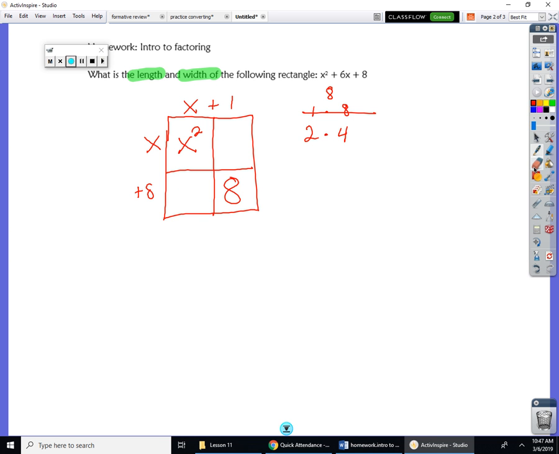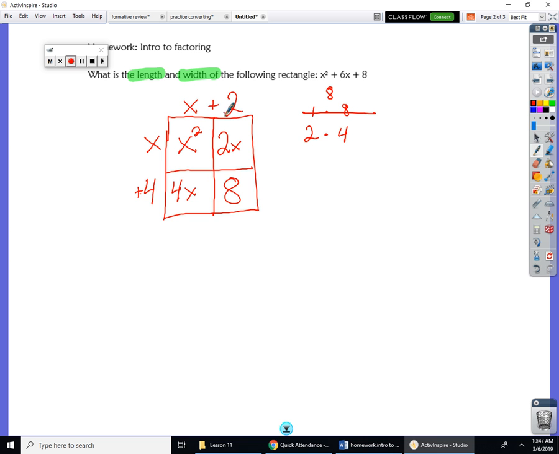So what I can say is that working backwards, I can figure out that I can do x plus 2 and then x plus 4. So it can have an extra 2 on this side, an extra 4 on this side, and we know that will give us 2x and 4x.